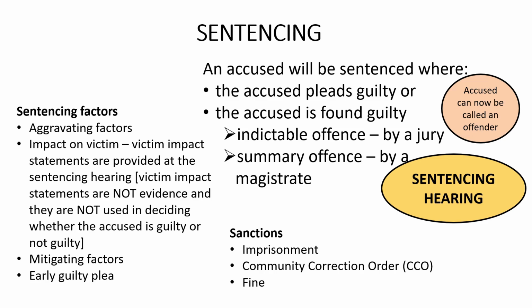Its sole purpose is for use by the magistrate or judge in determining the severity of the sentence that is to be imposed on the accused. We looked at sanctions and their purposes, as well as sentencing factors, in Year 11, and we'll revisit these in more detail later on in Outcome 3.